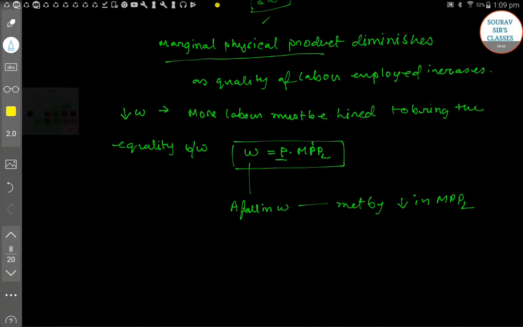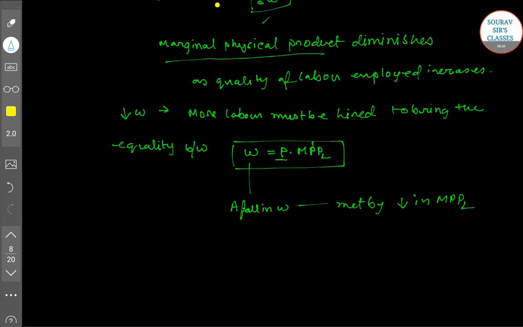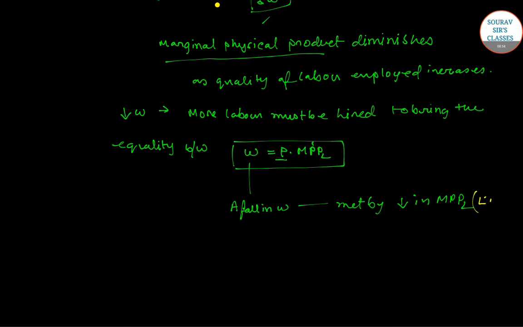This can be brought about by increasing L. When L increases, MPL will fall. What is MPL? MPL is basically change in Q by change in labor.